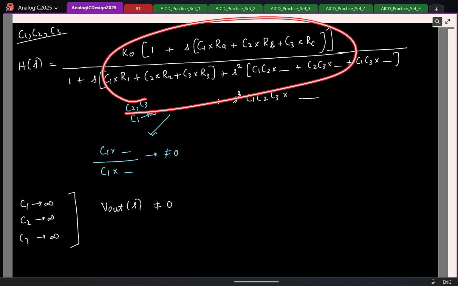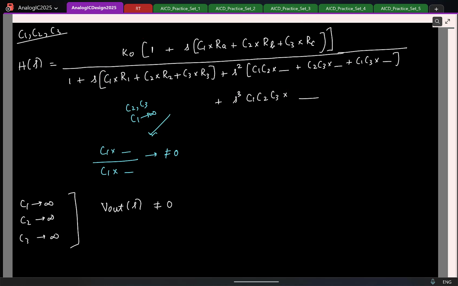The transfer function does have a 0, correct? So which means I can say h of s has a 0. So again might be counterintuitive, but we assume that we have a transfer function which has 1 0. In that if I tend any of the capacitors to infinity, I find that the output is non-zero, correct?